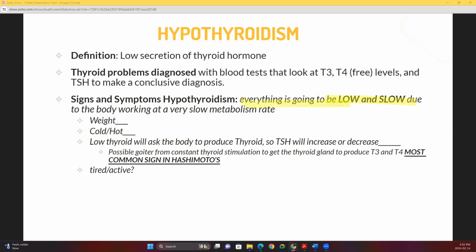Hypo means low metabolism. And what will happen to your weight? If nothing is burning, what is happening to your weight? Gain. Will you be cold or hot? Cold. And low thyroid will ask the body to produce the thyroid. So your TSH will increase or decrease?